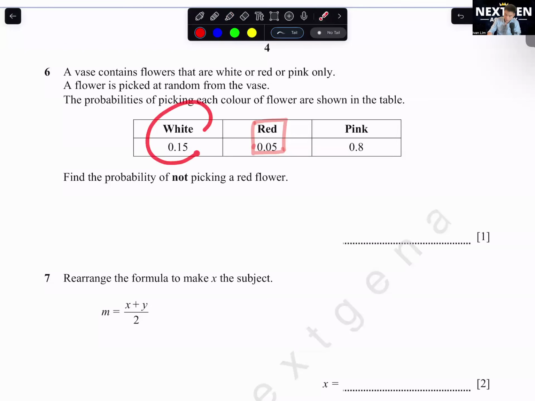You can either add this and this, or for a not event, you take 1 minus 0.05. Very good, Seth. So you can just do it like that. 1 minus the event, which is 0.95. Or you can take 0.15 plus 0.8, also can. Okay, this is on the topic of probabilities.